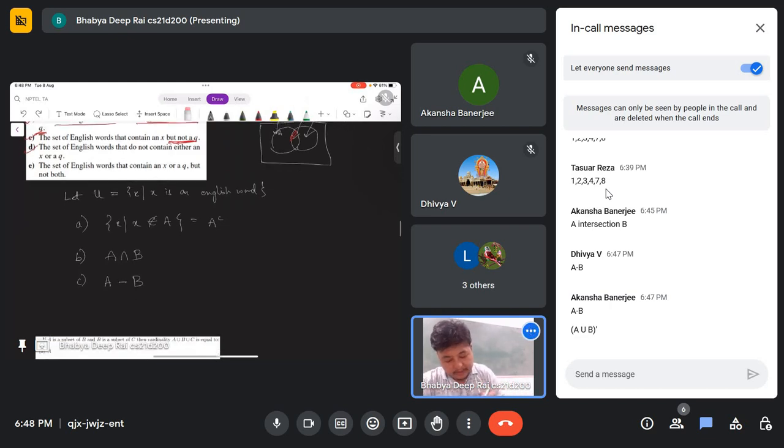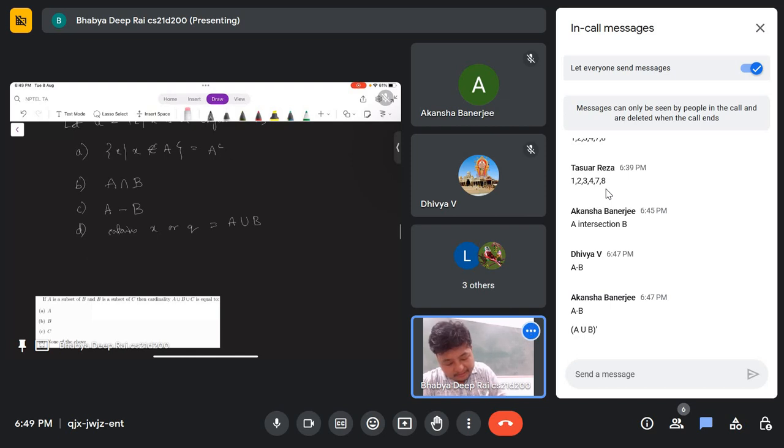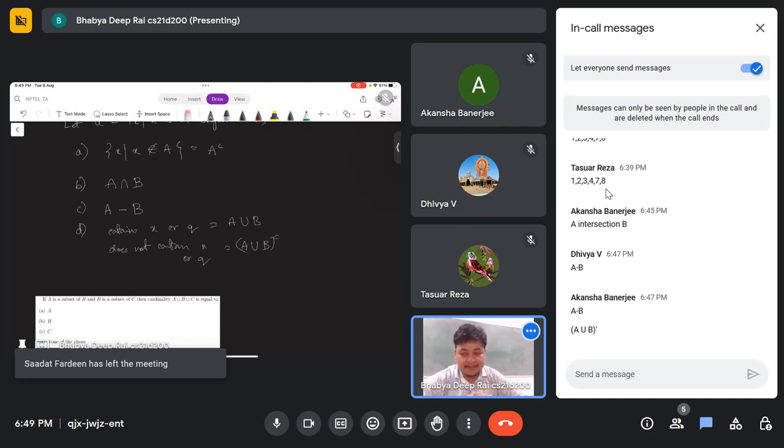So the set of English words that contain X or Q is simply the set A union B, right? So, does not contain X or Q is simply the complement. All the words that are sitting outside, right? So yeah, this is your answer. Good.